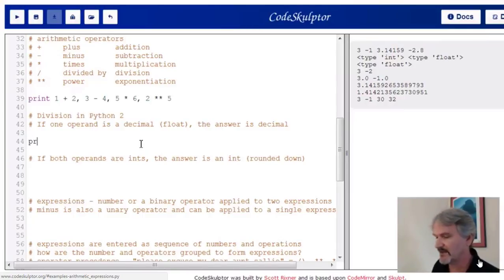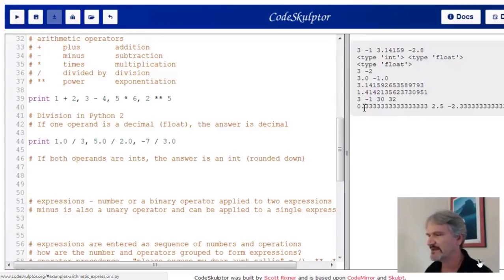So for example, I could say print 1.0 divided by 3, or 5.0 divided by 2.0, or minus 7 divided by 3.0. And what would come out when I run that is what I'd expect, a decimal approximation of 1/3, 5 halves, and minus 7/3.